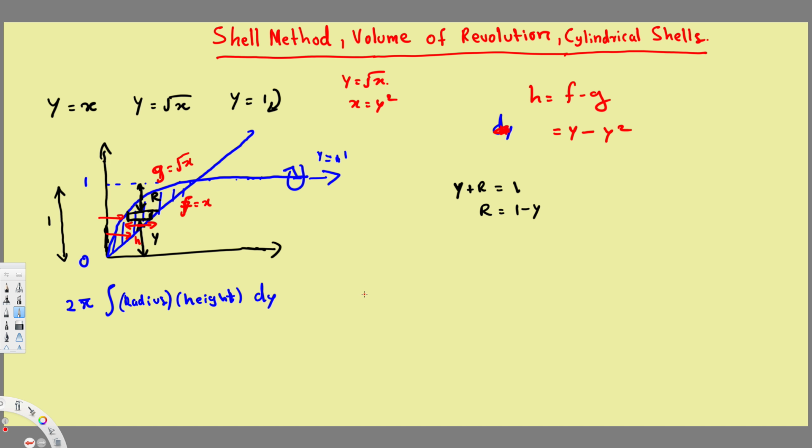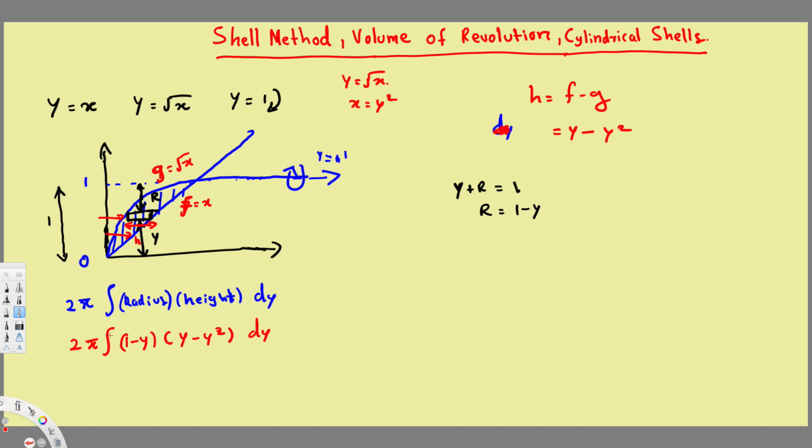So let's write the expression right here. 2 pi integral of radius, 1 minus y, and the height, y minus y squared, dy.